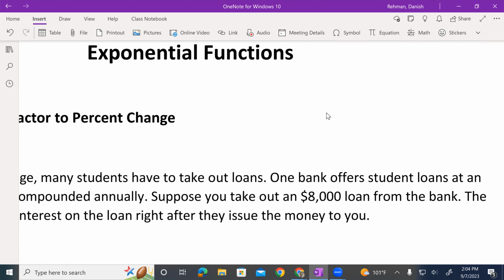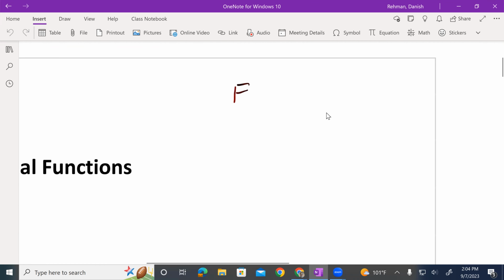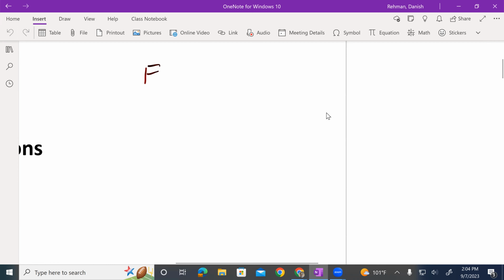So F. F stands for the future value. F is the future value. And what am I writing it equal to? This is equal to an A, and then in the parentheses, I will mention something.